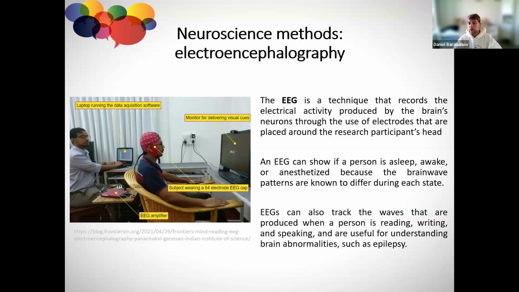Which is more interesting, EEG can also track waves connected to reading, writing, and speaking. If a participant is presented with different types of tasks on their computer, for example, represented on the screen, a researcher can understand physiological processes happening in participants during these task-solving processes.